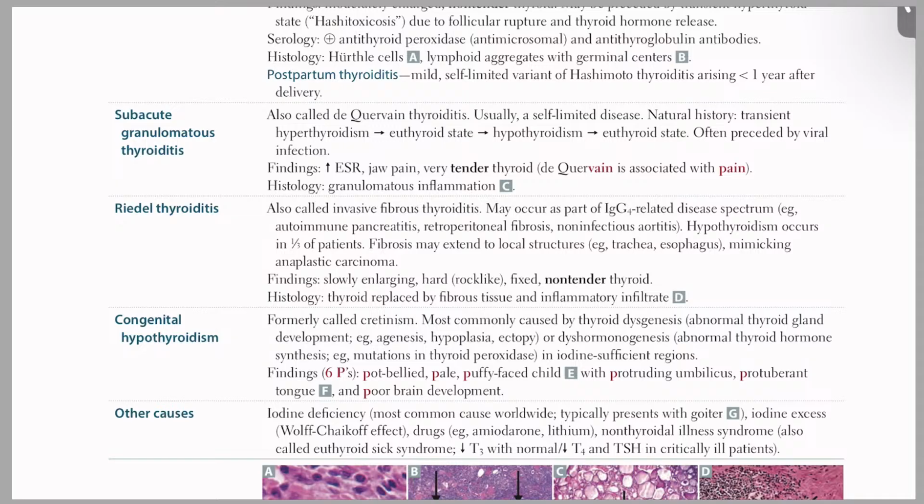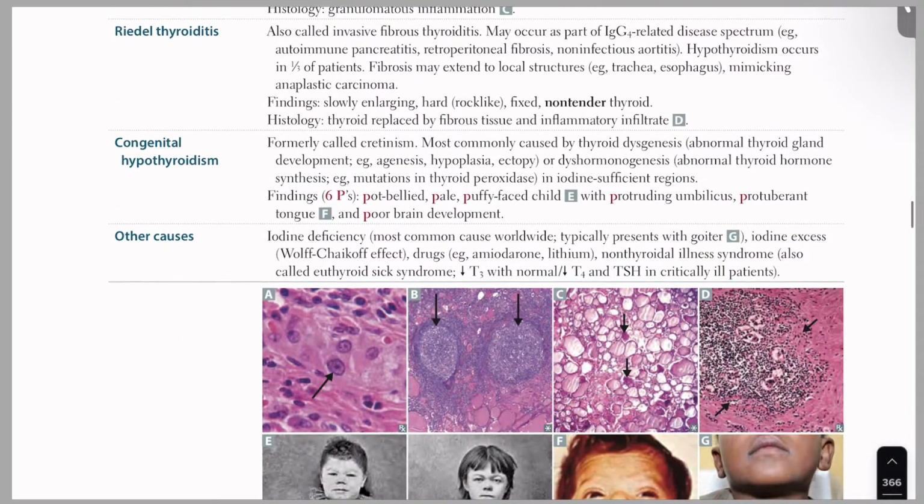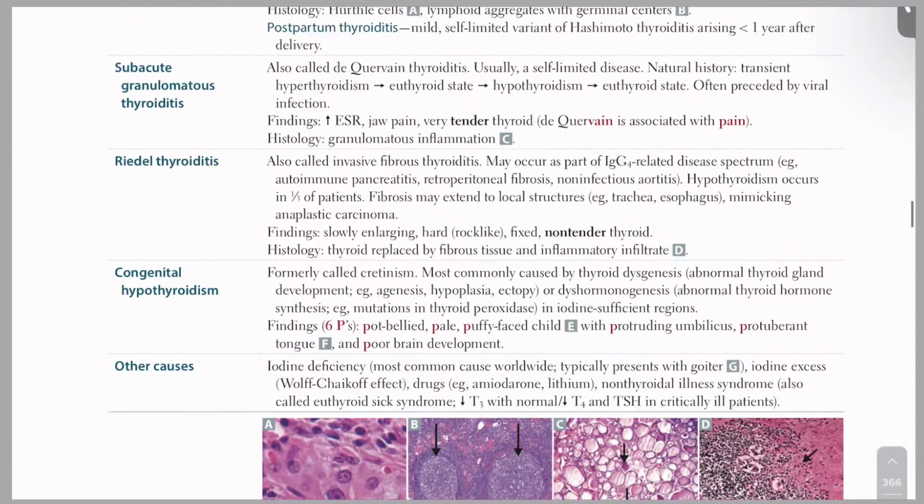Findings: increased ESR, jaw pain, very tender thyroid. De Quervain is associated with pain. Histology: granulomatous inflammation. Picture C. Got it.